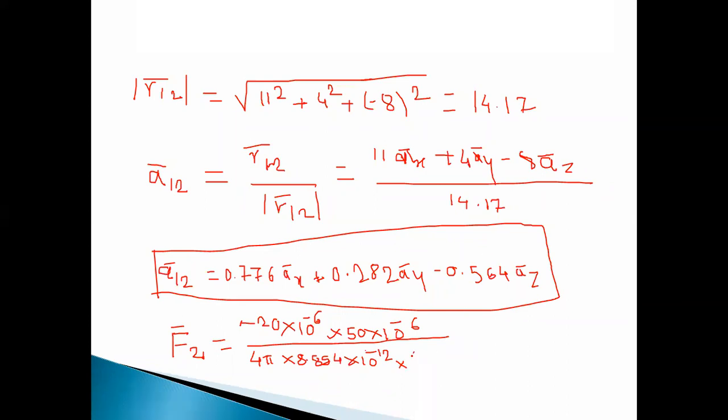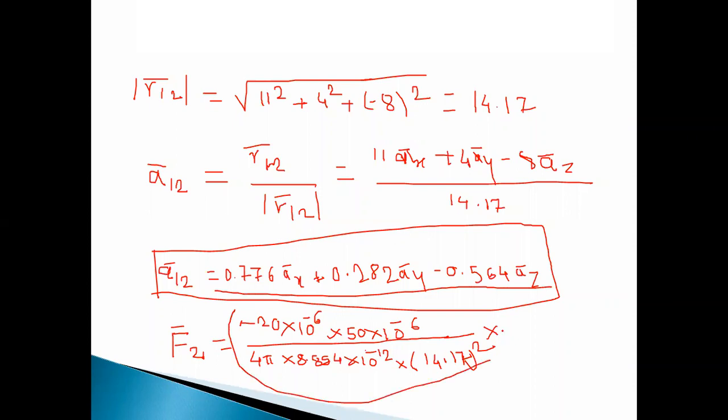R12 is equal to 14.17, so it is 14.17 square, into the unit vector. So just write this quantity here into unit vector, first solve this scalar, and then multiply by this unit vector. So you will get the vector quantity there.